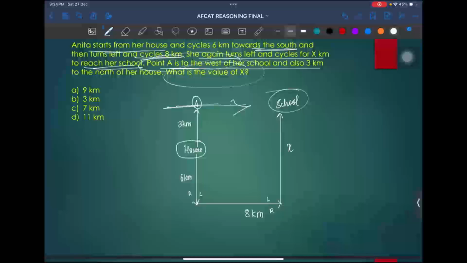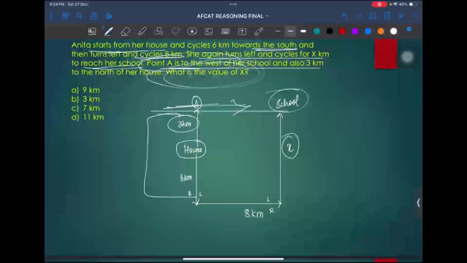So they are asking what will be the value of x. Just from this given data, we get to know that point A is exactly towards west of the school and it is 3 kilometers north of Anita's house. By adding these two distances, we can conclude the value of x.